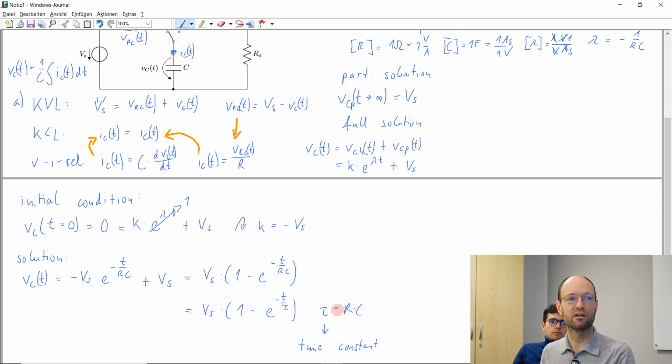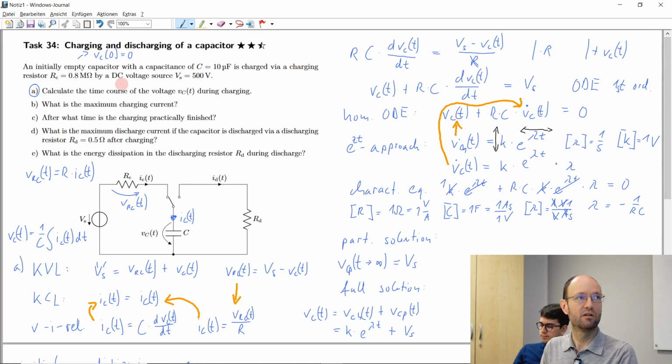And I mean, we could check that if the unit of lambda is 1 over second, then the unit of this tau would be really second, some time, so that seconds and seconds would cancel here. Okay, so this is the solution of subtask A. Calculated the time curve, the time function of our capacitor voltage during charging.